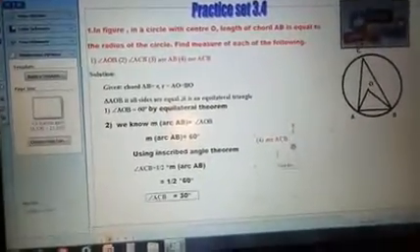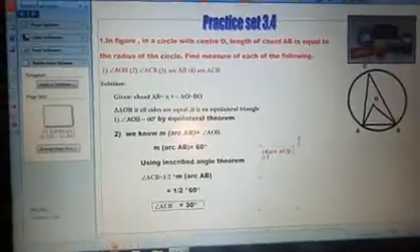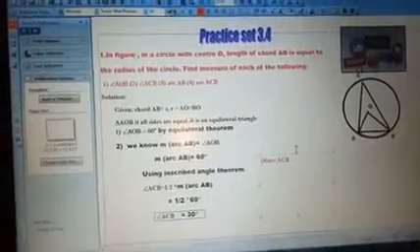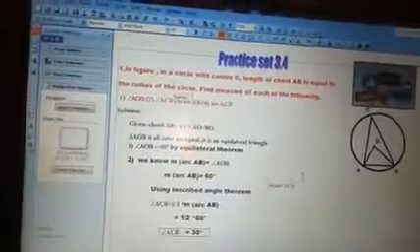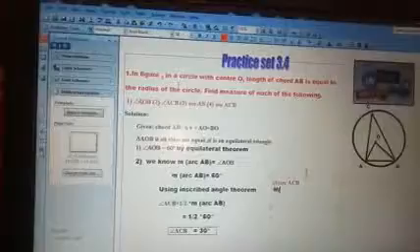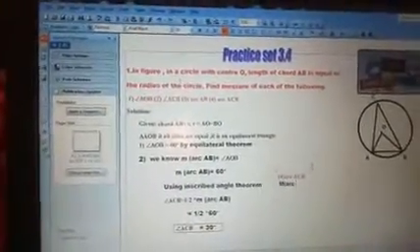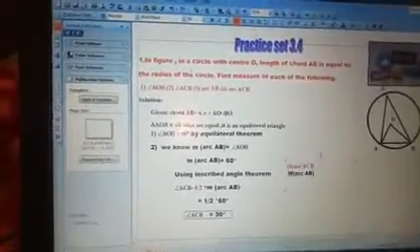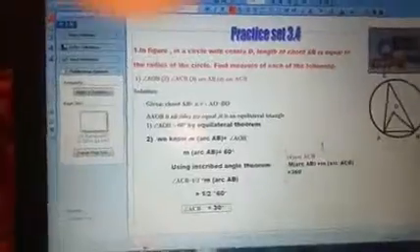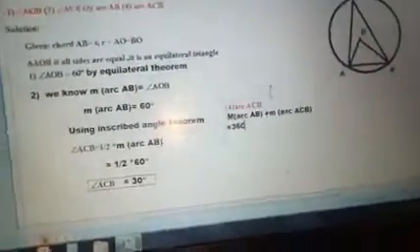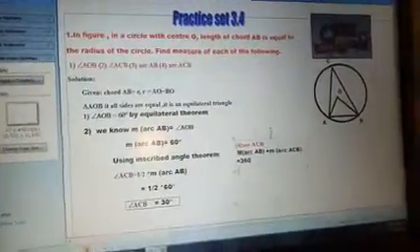So by using the measurement of arcs, we can write here: measure of arc AB plus measure of arc ACB is equal to 360 degrees. If the sum of both is how much? 360 degrees. Then we know the value of the measure of arc AB is 60 degrees.